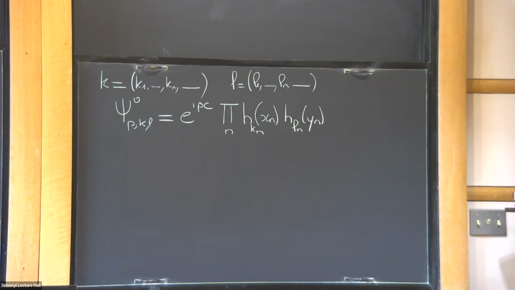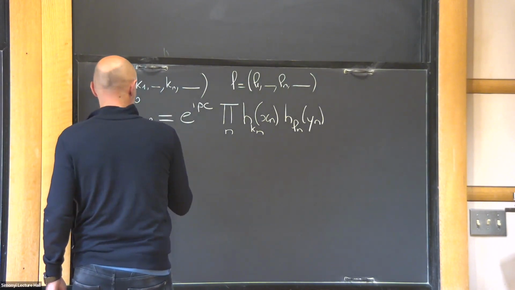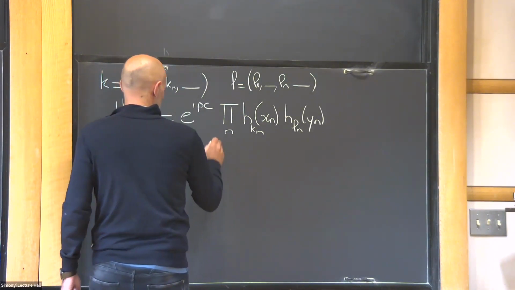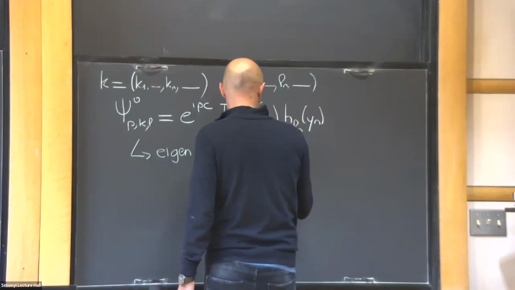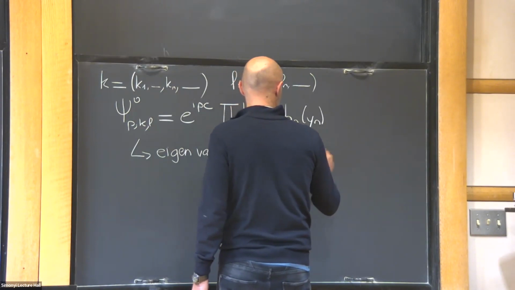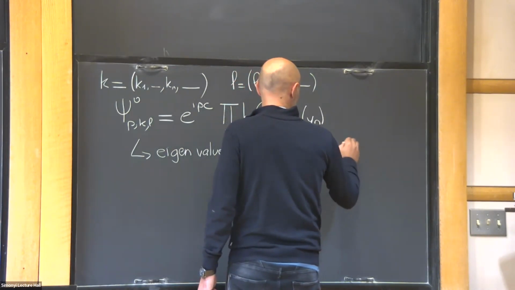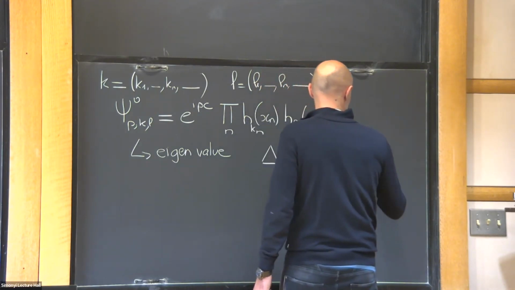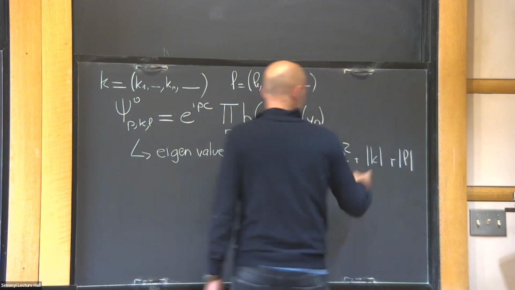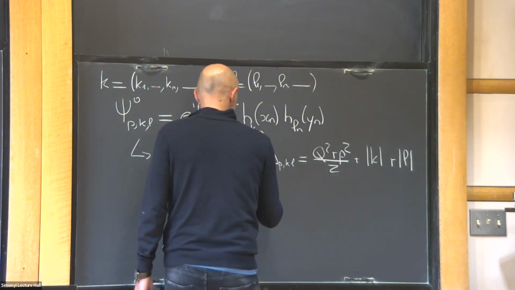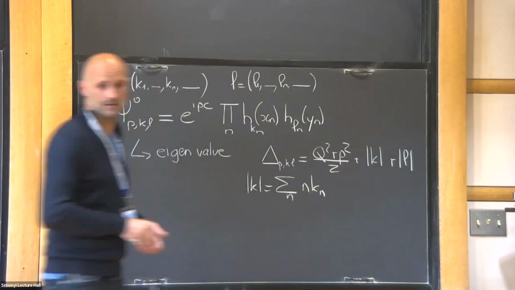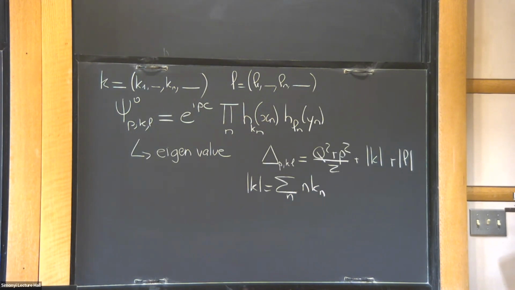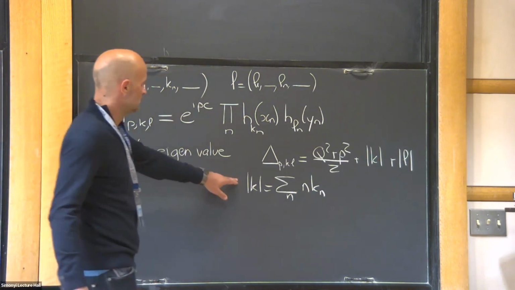The eigenvalues. So if you look at this guy, the eigenvalue is just q squared plus p squared over 2 plus what I denote by k, same for L, which is just the sum over n of n kn, and the same for L. So this is just a simple computation.